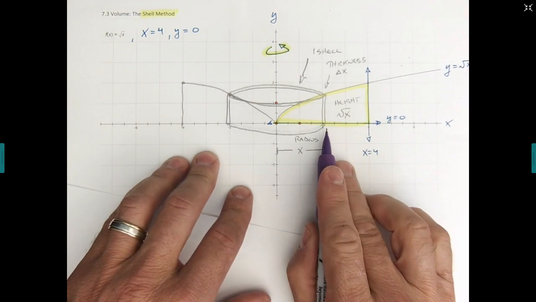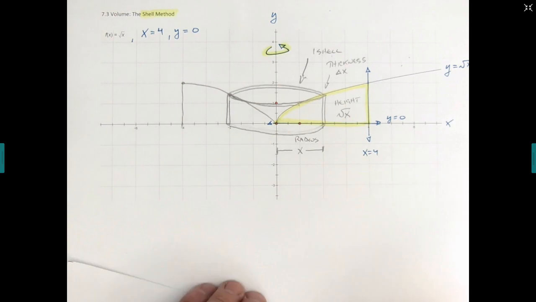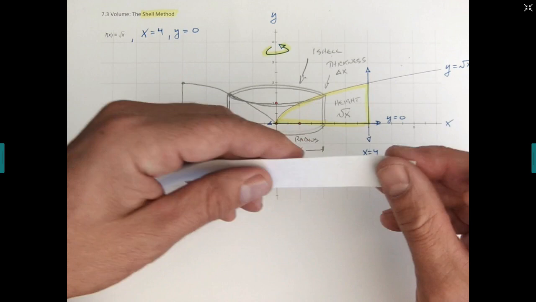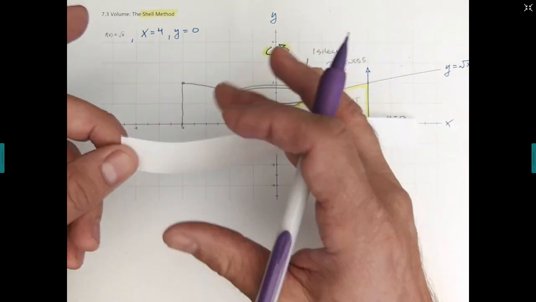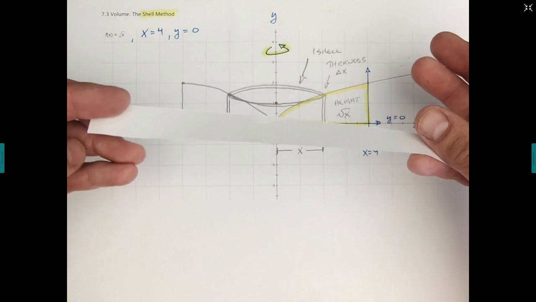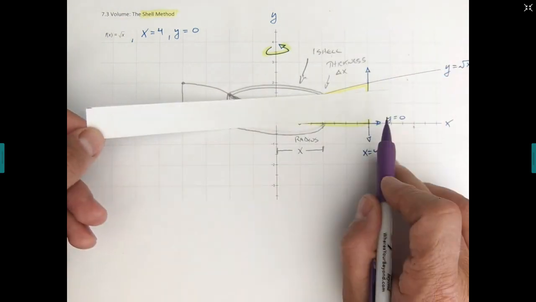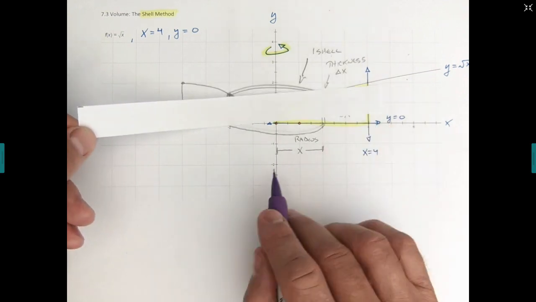of that shell, and it's in the x direction, so I'll just put a little delta x like that. So the width of this piece of paper we'll just say is delta x. So now as I talk about the volume of the shell, when it's in this stretched out form, it's just a rectangular prism. This length here is the circumference, and the height here is given to us as our function.